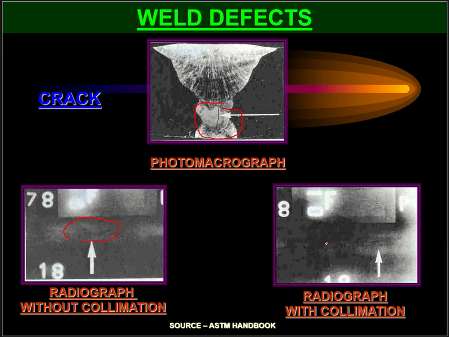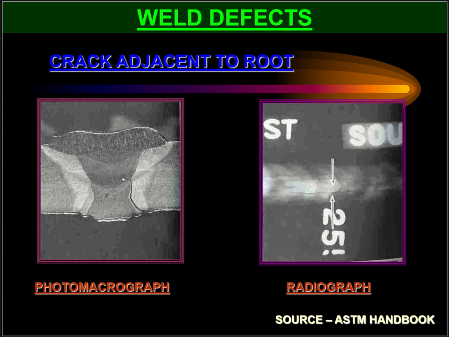The image will be like this in the radiography. Here the crack is in the weld, adjacent to the root. So this is the root portion, and you can see the crack adjacent to the root or parent material or HAZ zone.